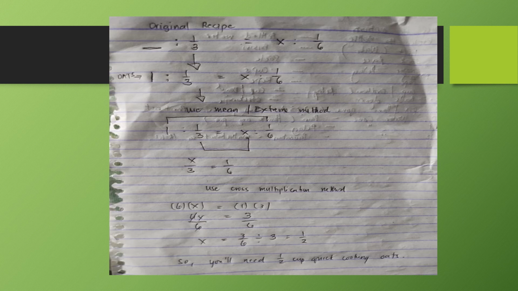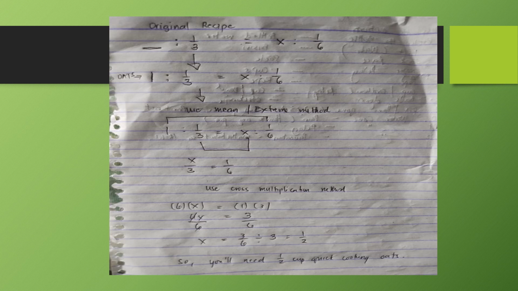Okay, kasunod na gagawin natin, gagamitin natin ang mean and extreme method. So, when you multiply 1 by 1/6, you'll get 1/6. Kasi class, mayroon ditong imaginary 1. Sa kabila naman, mean, 1 times x is x, 3 times 1 is 3.